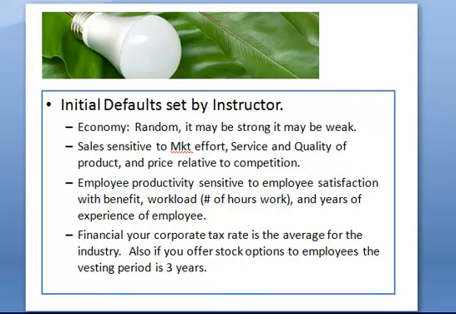So you want to think about how you're going to retain your employees, because if you lose an employee, it's a 2-year process to get them back up to speed. Financial, your corporate tax rate is the average. If you do offer stock options to employees, the vesting period is 3 years. So in order for those stock options to become valuable, they have to stay with the company for 3 years.